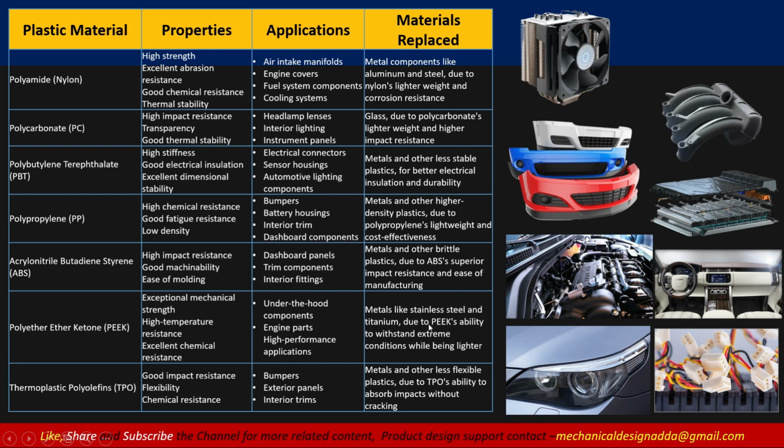replacing this metal and glass with plastic materials. Polyamide we are using for the air intake manifold, engine cover, fuel system components and the cooling systems. And polycarbonate we are using for the headlamp lens, interior lighting and the instrument panel, because polycarbonate is light in weight and has higher impact resistance.